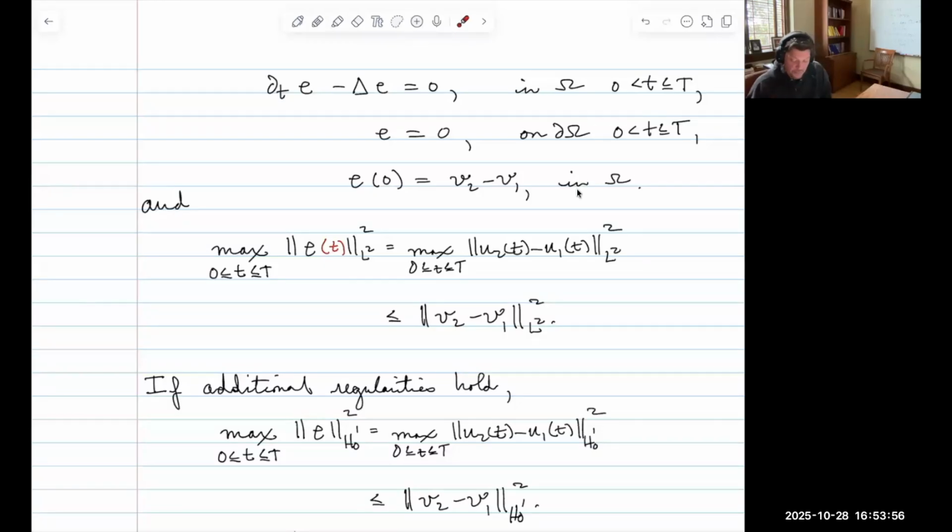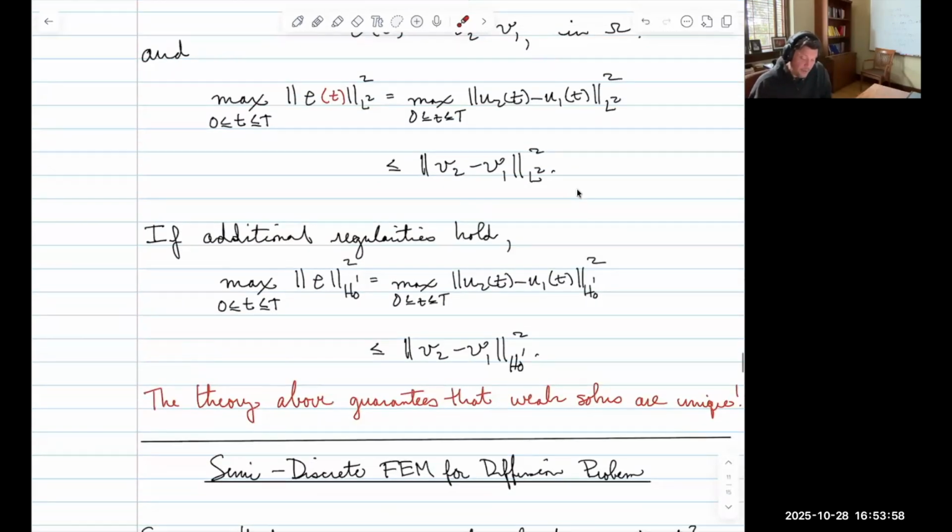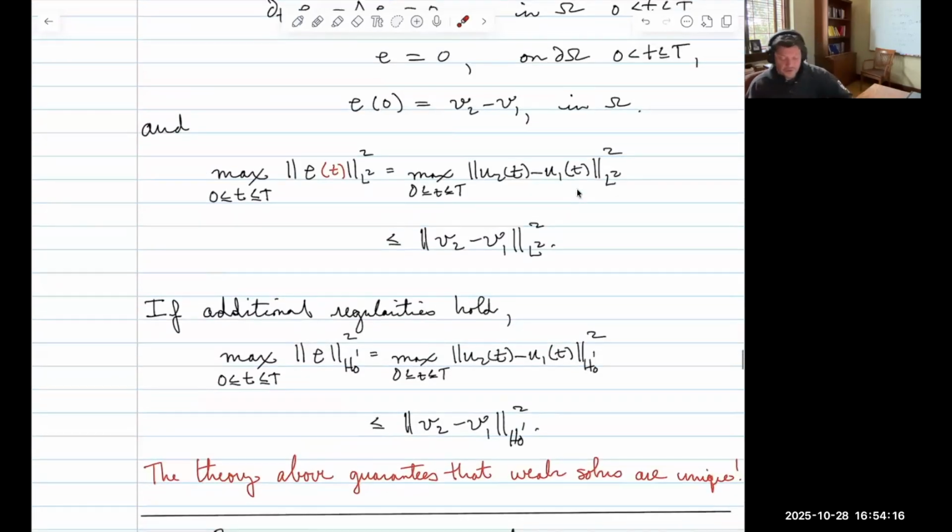If I have additional regularities, then I have this type of estimate. The max of E in the H01 norm squared is less than the difference between V1 and V2 in the H01 norm squared. All right, so what this says is it's called continuous dependence.